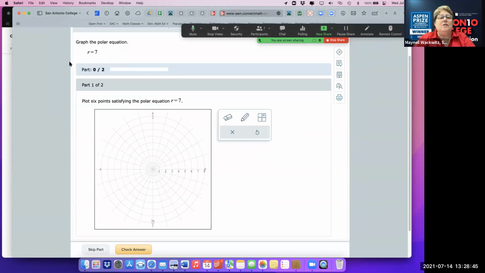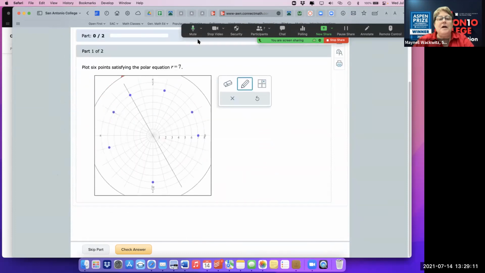The first question, what do y'all have as the first question? Okay, mine is r equals 7. It makes me plot 6 points. I'm just going to plot points that are exactly the same distance away from the pole. I think I have 6.